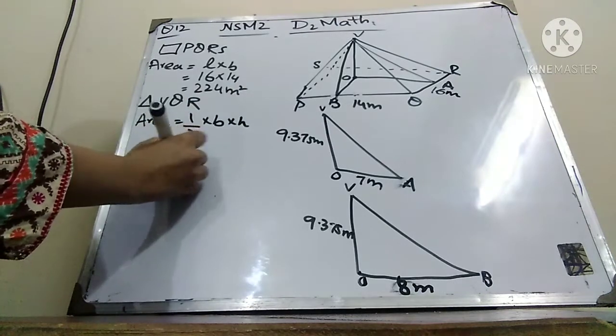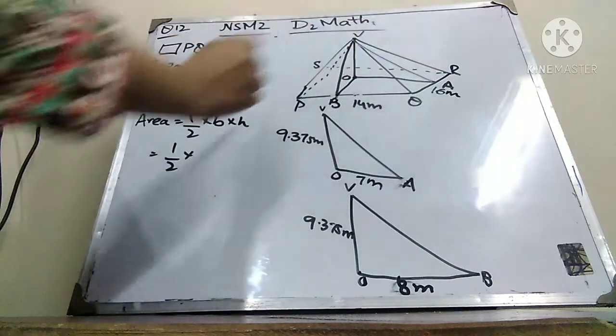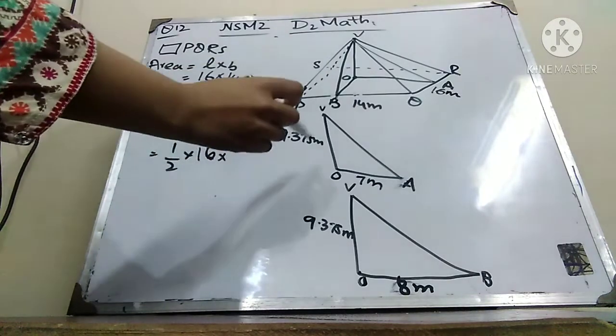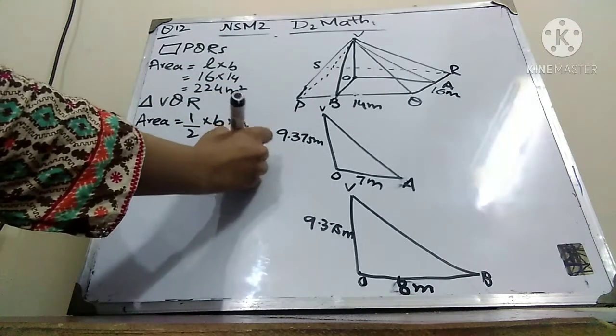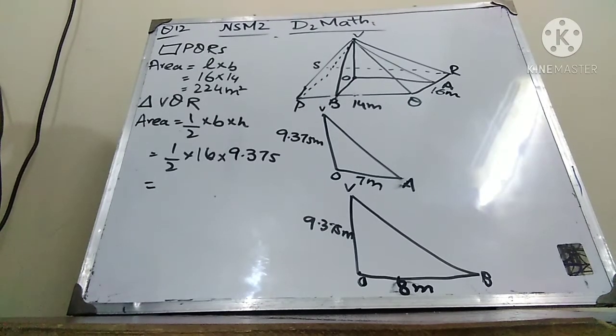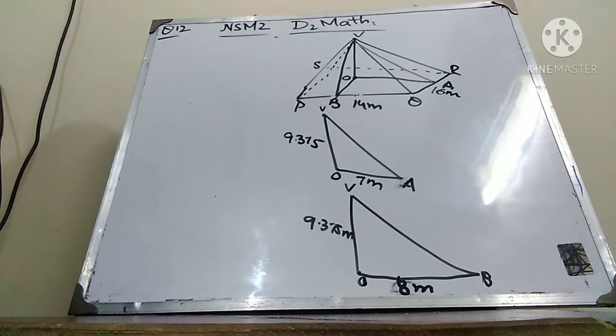So half, base is given, base is 16 meter. The height we have found, which is 9.375. So now we have found the height.